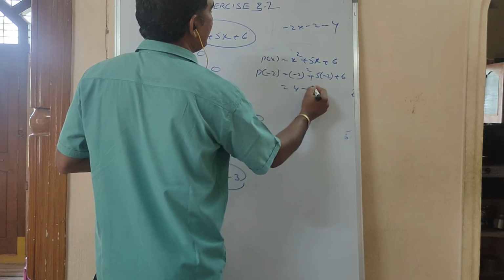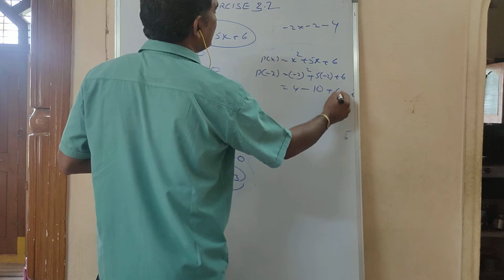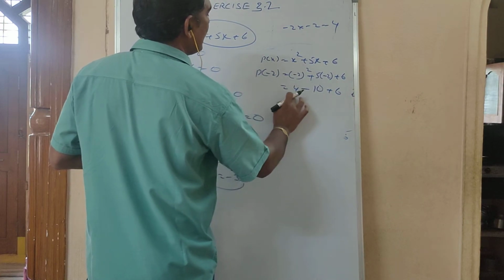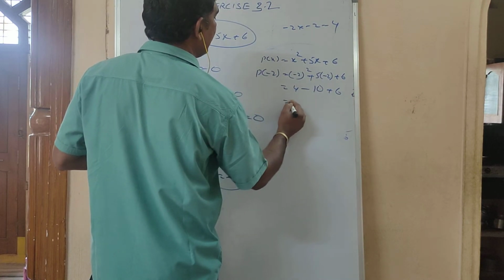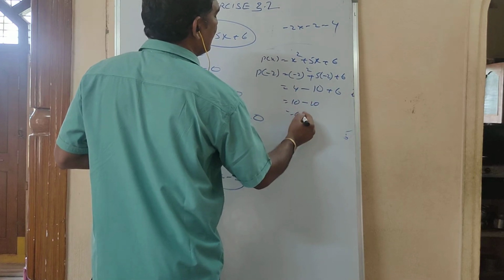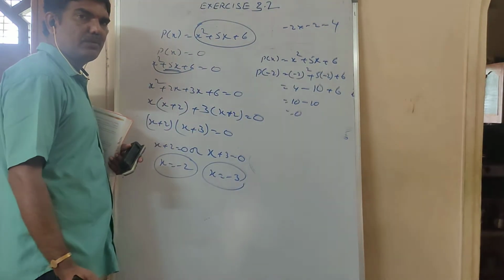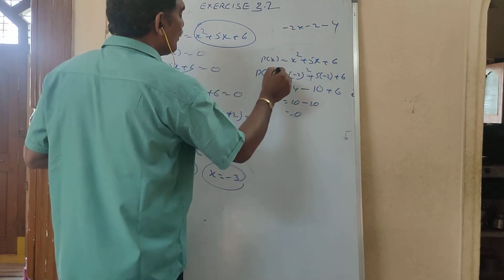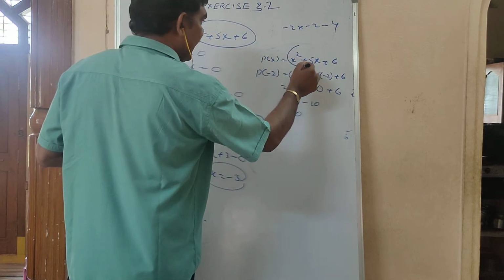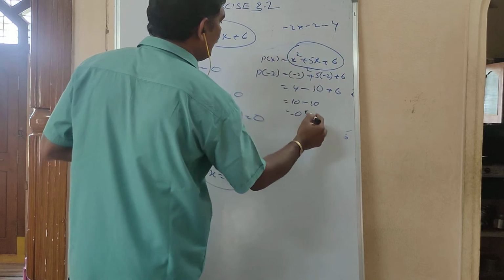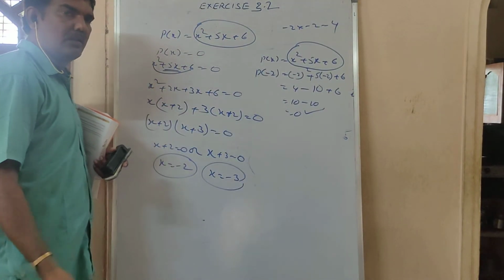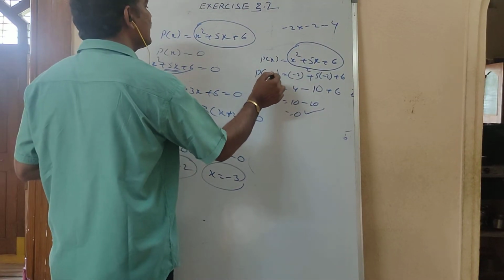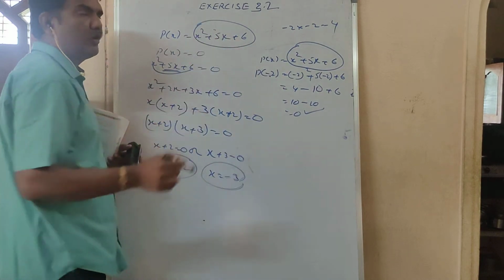Plus into minus is minus, 5 twos are 10, plus 6. 4 and 6 are plus only, 4 plus 6 is 10, minus 10. 10 minus 10, how much? 0. Therefore, in place of x, if you substitute minus 2, the entire polynomial value you got as 0 or not. Therefore, this minus 2 is called a zero of the polynomial.